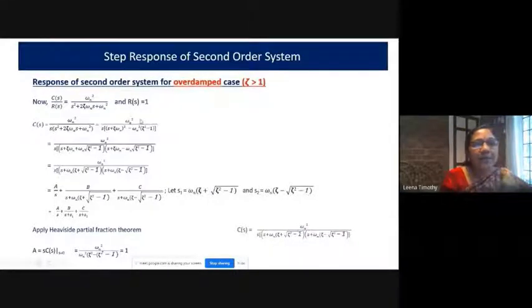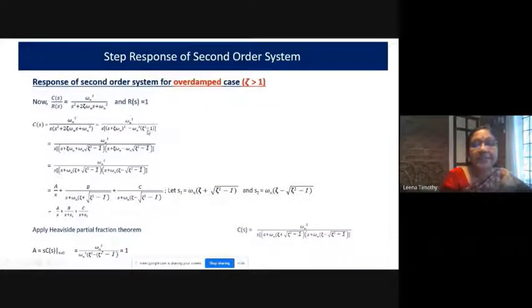Therefore, omega n square by s into s plus theta omega n the whole square minus omega n square into theta square minus 1. Here theta is greater than 1, so we have to take theta square minus 1. In the previous underdamped case, we took 1 minus theta square, since theta is less than 1.